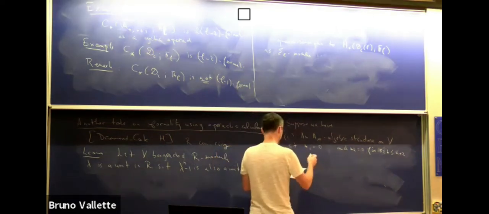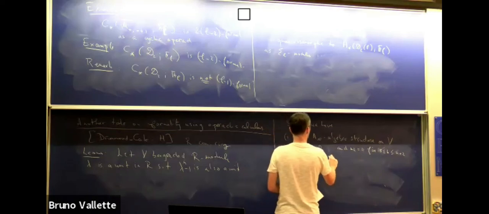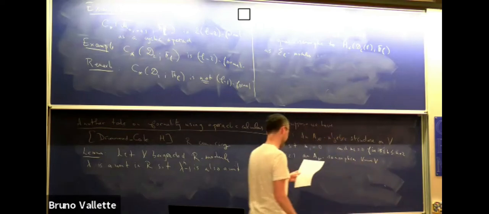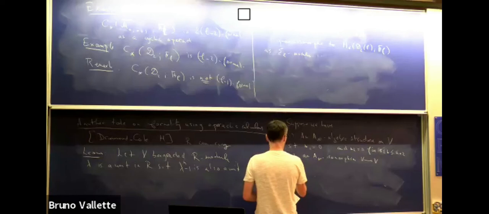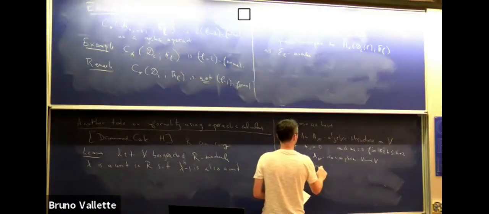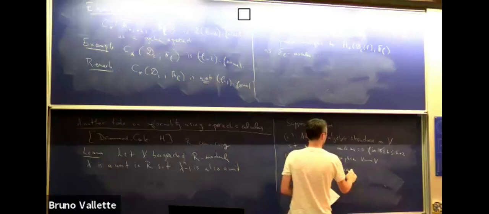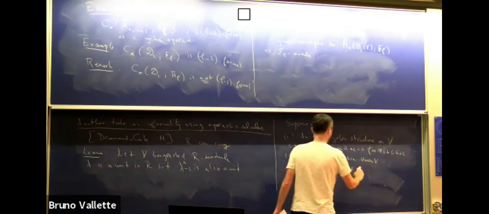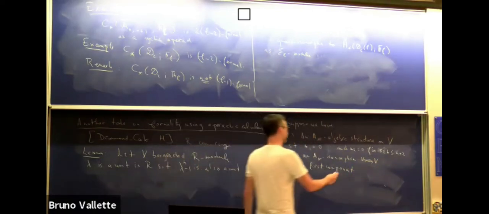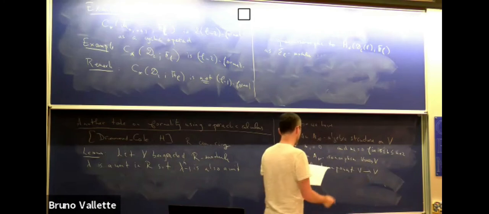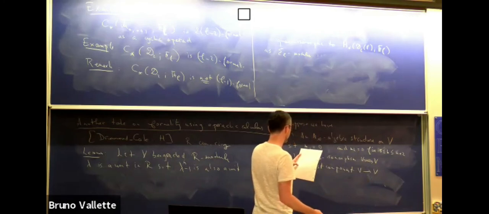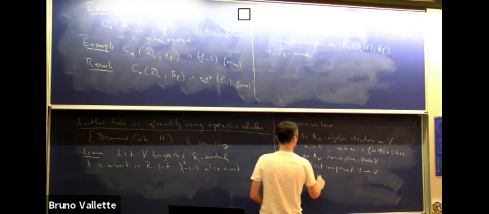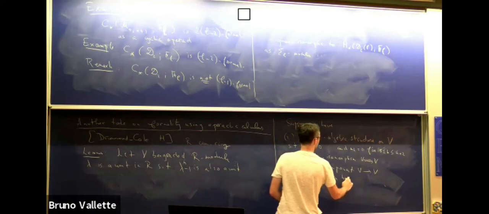And the second piece of data we have is an infinity isomorphism from V to V, whose first component, which is an actual map from V to V, is multiplication by lambda to the n.